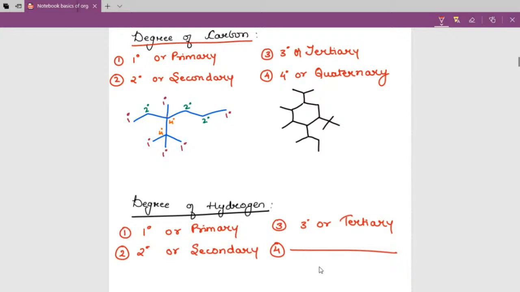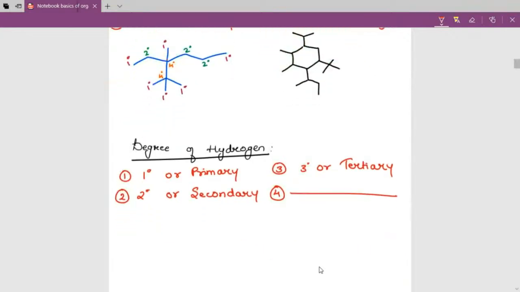Okay, you can repeat the whole exercise of counting the hydrogens in the above example. So I'll just give you the answer. In this example number 1, the number of 1 degree hydrogens or primary hydrogens will be, as we have 6 1 degree carbons, 18 primary hydrogens.